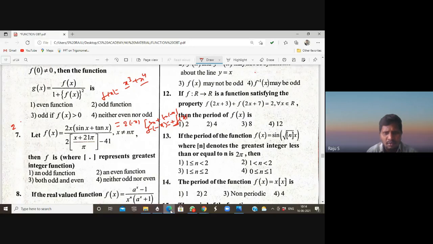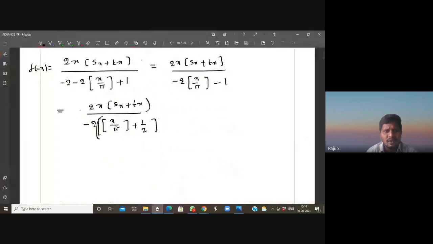So finally, minus x, the 2 gets cancelled. Finally, we got x sin x plus tan x whole divided by x by pi plus 1 by 2.